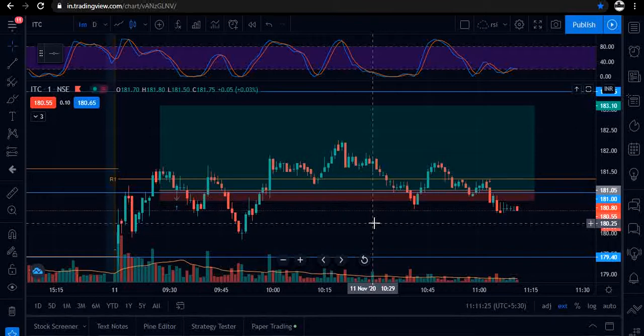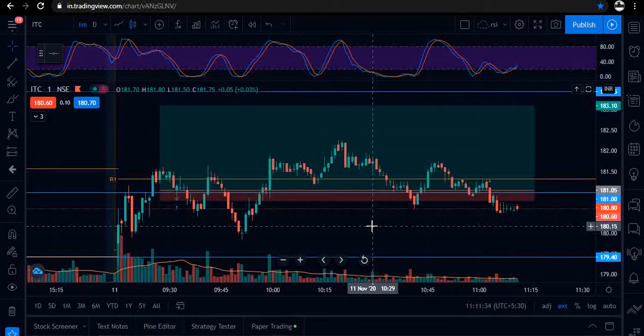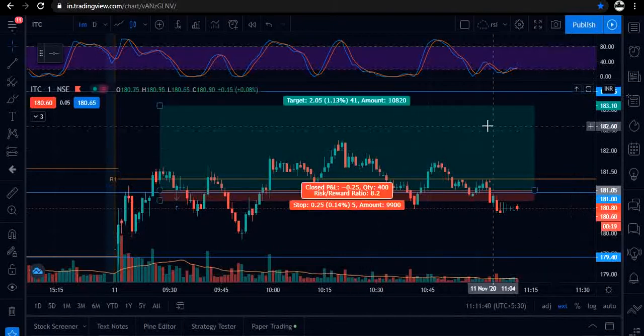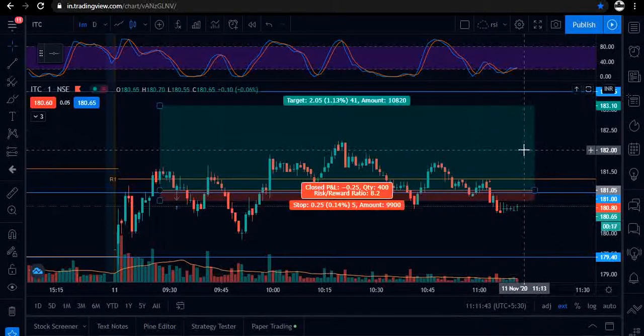If we save our capital, then only will we be able to trade tomorrow. So this was the logic for booking just a small loss, and we are saving capital for our future trades, and when we get profit, these small losses will be covered very easily.